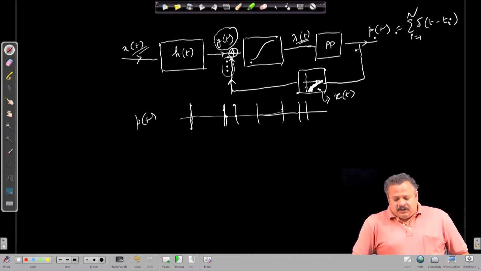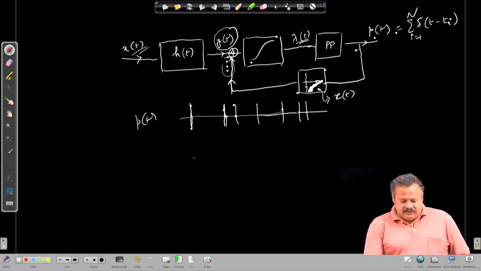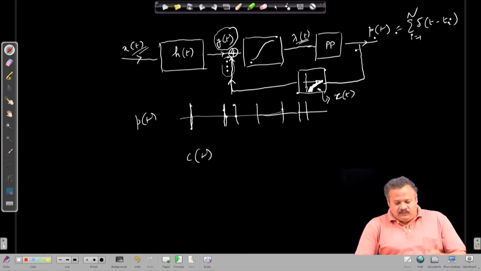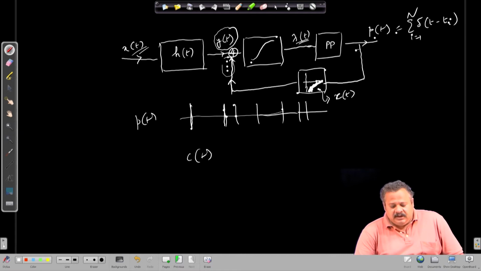Now, based on the shape of this c t, we can incorporate a variety of phenomena. We can do facilitation, we can do depression, we can do a mixture of them, and so that depends on fitting the model.